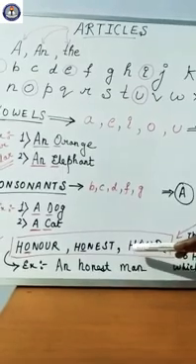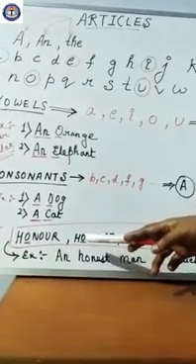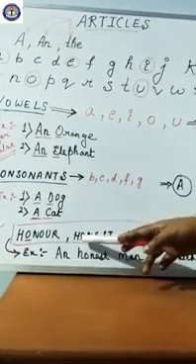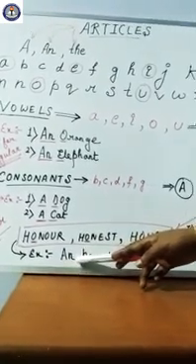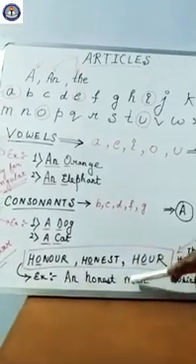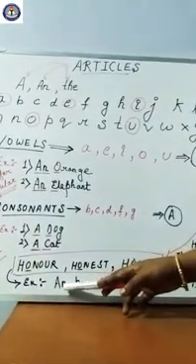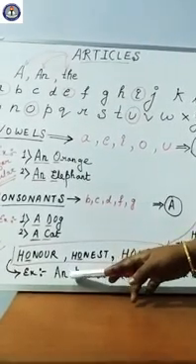Thus, we see the letter next to H, that is O, which is a vowel. So, here we use An. Okay. So, we write an honest man. If we write a honest man, then it will be wrong.